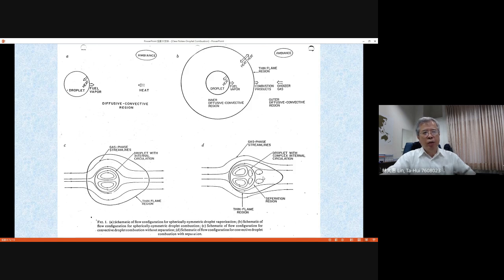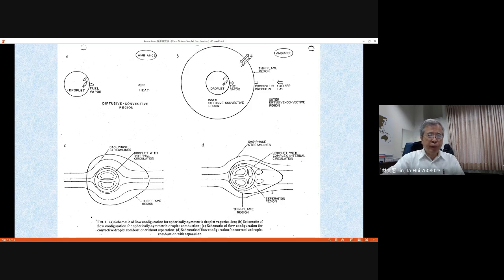Now, a pair of eddies also exists on the liquid side. So you have a pair of recirculation regions inside of the droplet and also in the downstream of your droplet.